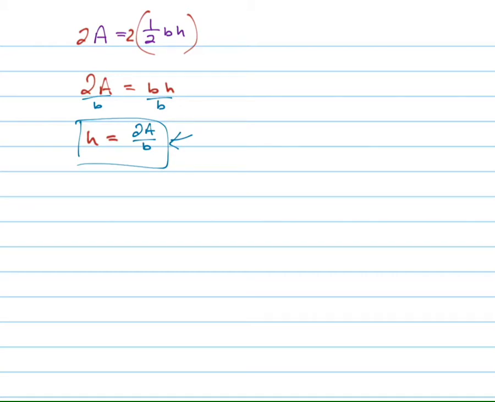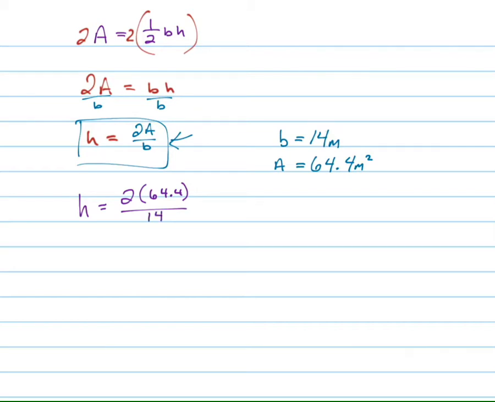So they give us the example with a triangle with a base length of 14 meters and an area of 64.4 meters squared. So all I have to do is plug those in to solve for h. So we have h equals 2 times 64.4 over, sorry, over 14.